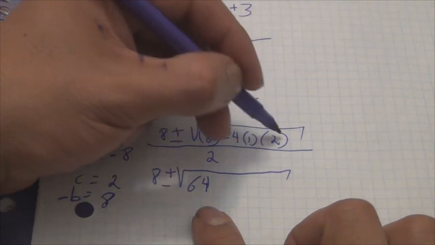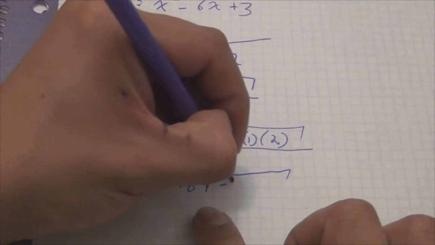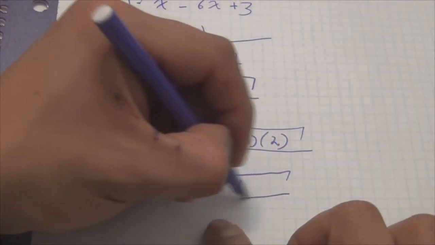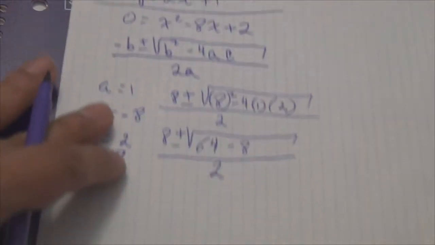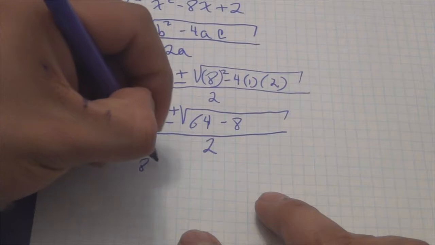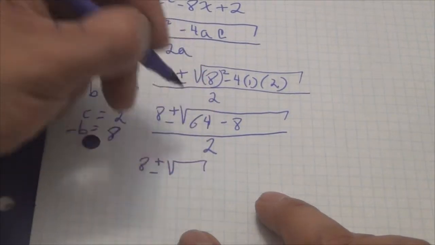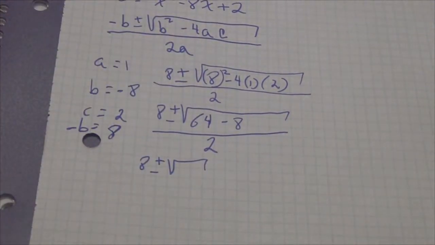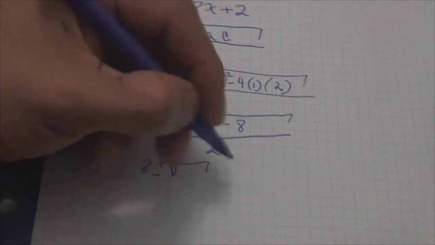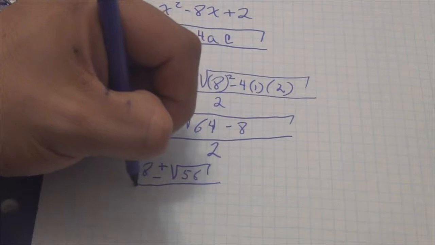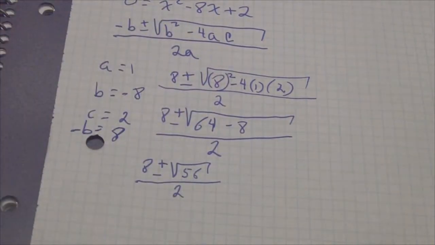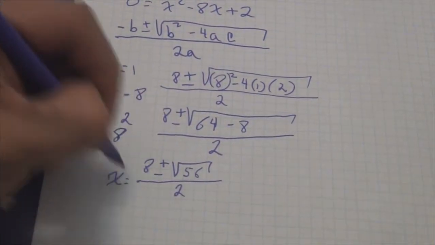So 4 times 1 is 4, times 2 is 8, so it'll be minus 8, over 2. Now we have 8 plus or minus the square root of 64 minus 8. What is 64 minus 8? 56, right? So the square root of 56 over 2. All right, sorry, this is x equals, remember?